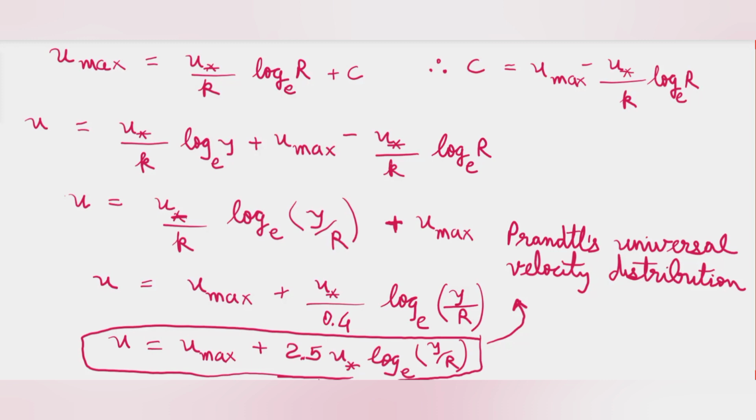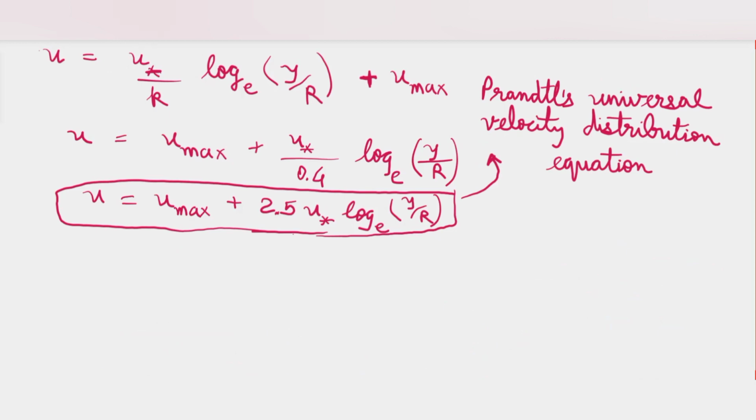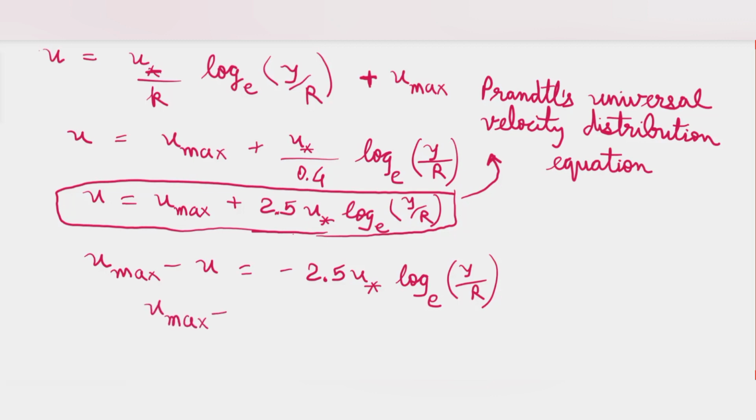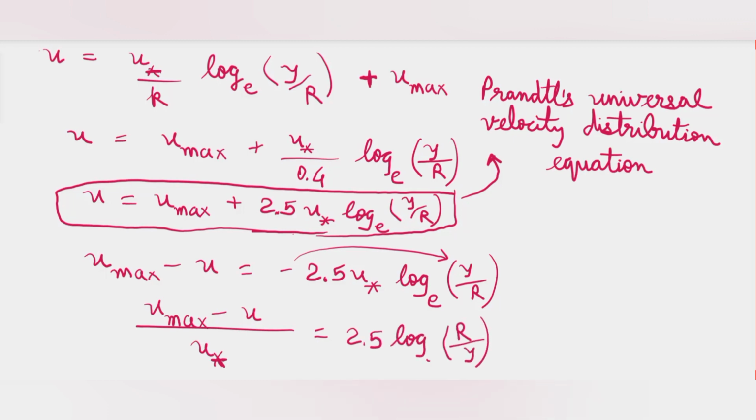Now I'm taking u max minus u is equal to minus 2.5 u star log y by r to the base e. Also, I'm changing log to the base e to log to the base 10. When this minus gets multiplied in the bracket, it becomes log r by y to the base e. Now log r by y to the base e is equal to 2.3 log r by y to the base 10.